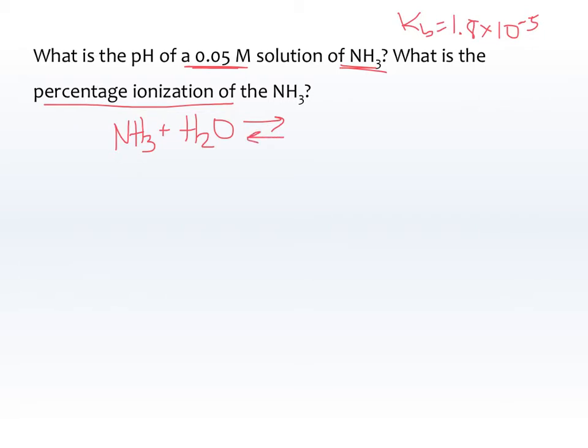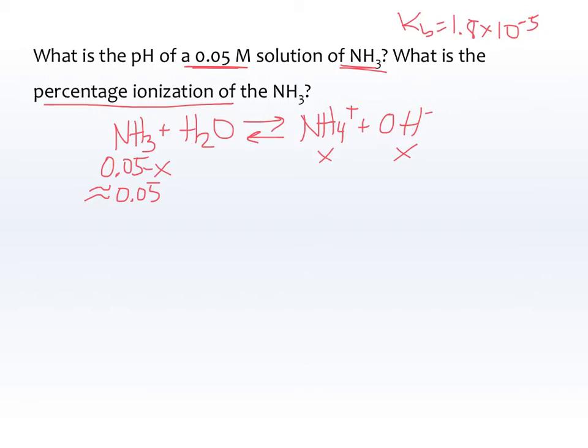Base means instead of donating hydrogen, it will accept a hydrogen. So NH4 plus and OH minus is what's left of water after it gives hydrogen to the NH3. This is 0.05 minus x plus x plus x. So it's going to be approximately equal to 0.05 if x were negligible.